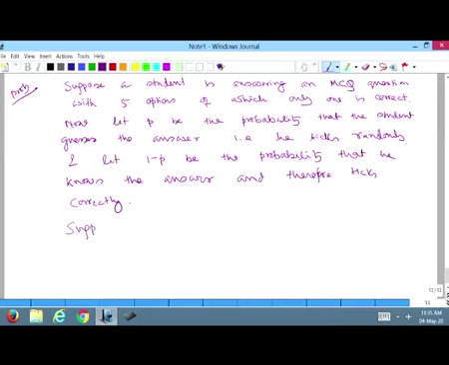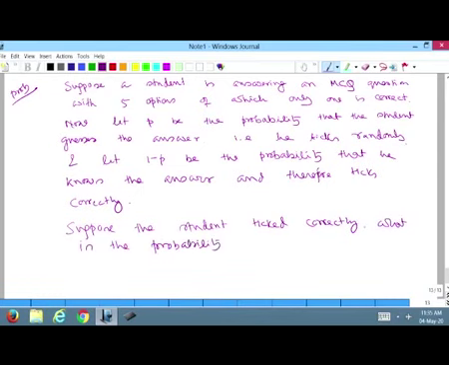Suppose the student ticked correctly. What is the probability that he guessed the answer?